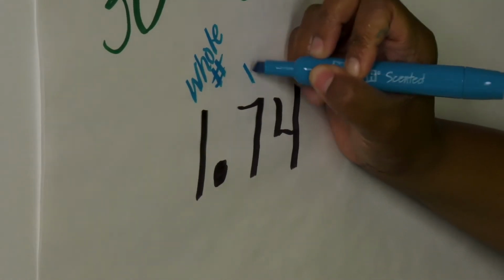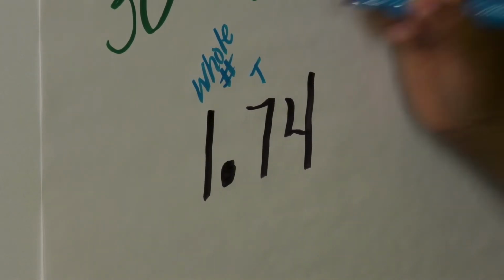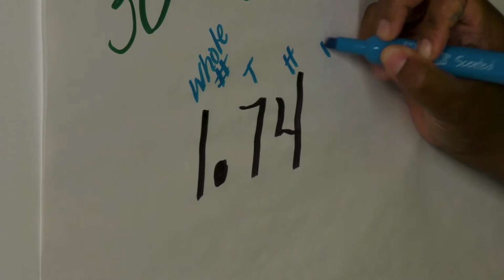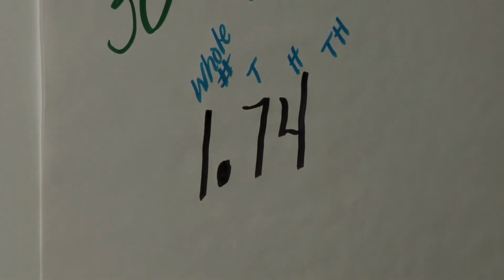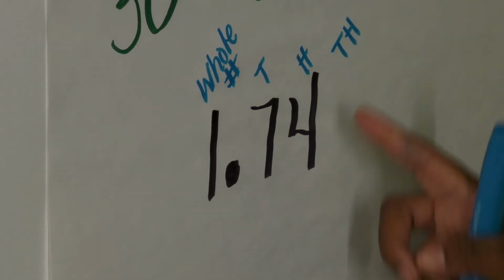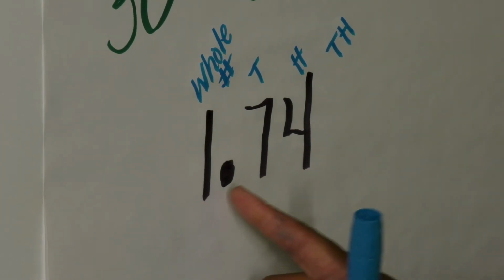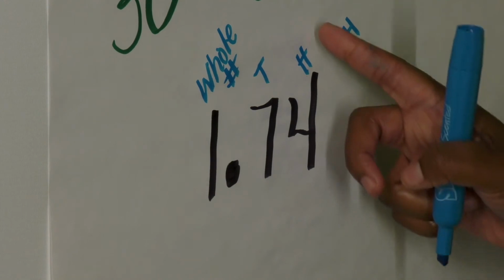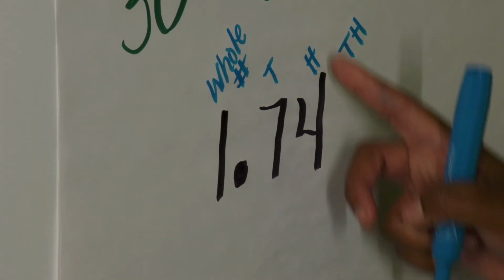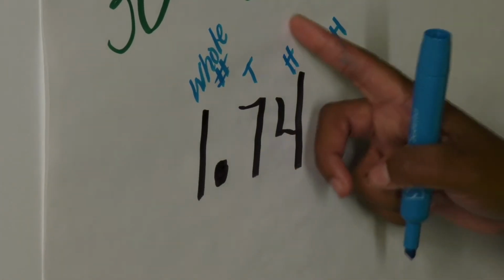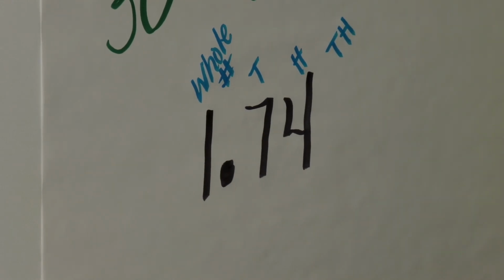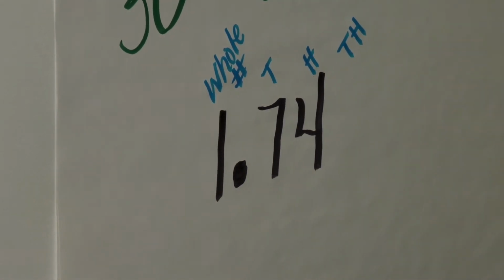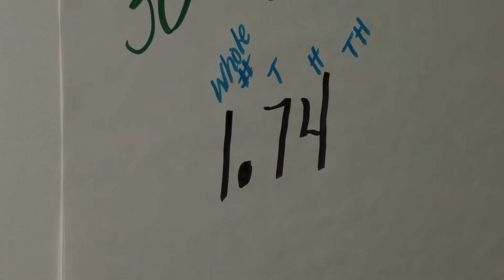We have our tenths, with a THS, hundredths place. And if I had a number there, that would be our thousandths place. Okay, so 1 and 74 hundredths. And the reason we pronounce hundredths at the end is because that's the last place value this number ends in. So let's say it asks us to round to the nearest whole number.